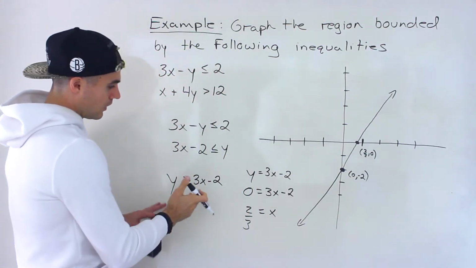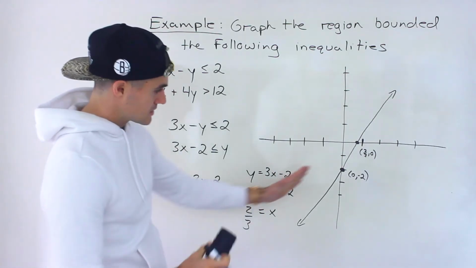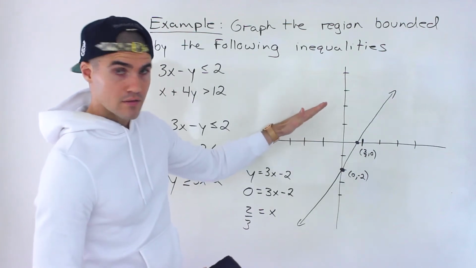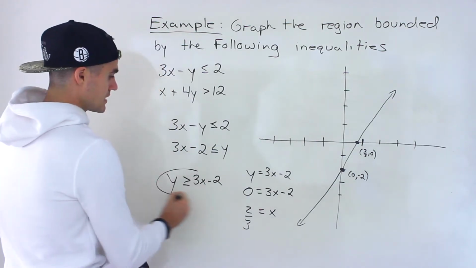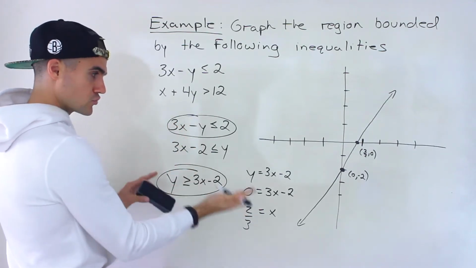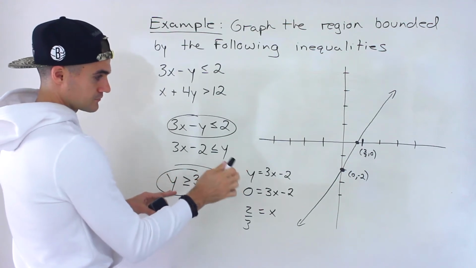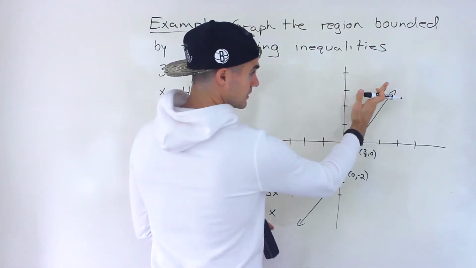Now, going back to the inequality, it's all the y values that are greater than this line. So it's all the y values above this line. So basically, this here, which is the same as this, the region, if we were to draw it, I'm not going to draw it yet, but it basically would be this region.